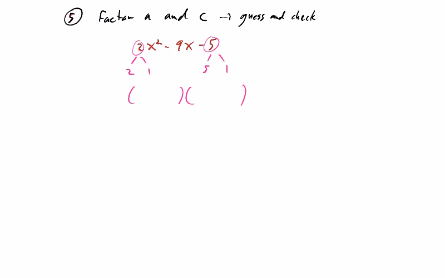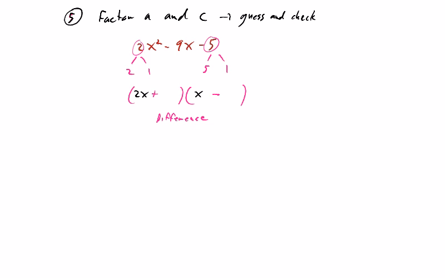So we would know that we have to have two binomials. Since the final coefficient is negative 5, we would have to have a plus and minus in the two binomials. And that right away indicates that we will be looking for a difference to determine the middle term. But for the first term, there's only one possible combination.